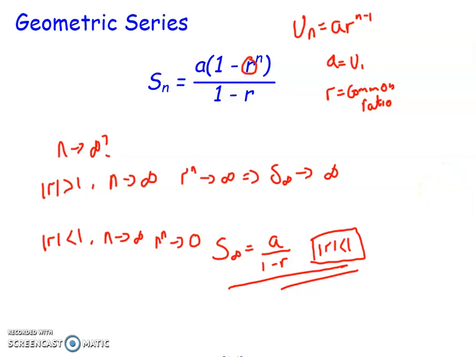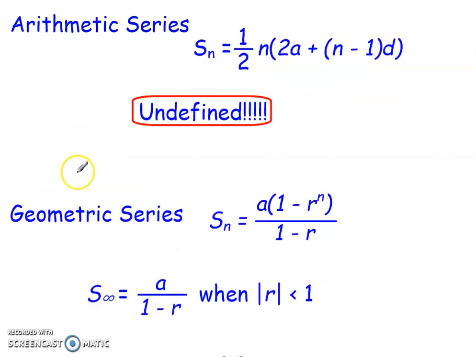So to summarize all of that in one slide, what we can say is that for an arithmetic series, we know that the sum to n terms equals a half n bracket 2a plus n minus 1 d, and as that n tends towards infinity, our sum S to infinity, what we could say for any arithmetic series, is undefined.